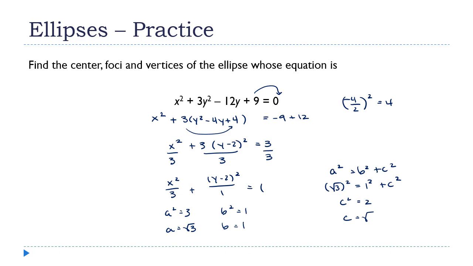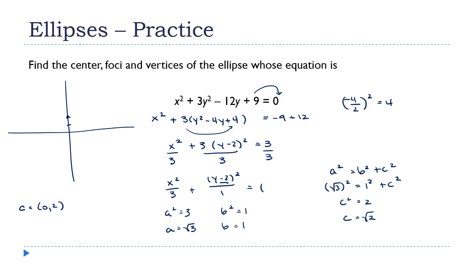C is the square root of 2. All right. The bigger number was under the x, so this is a left-right ellipse. The center is at 0, 2. I got that 2 from here. So I'm going to go over 0, up 2.